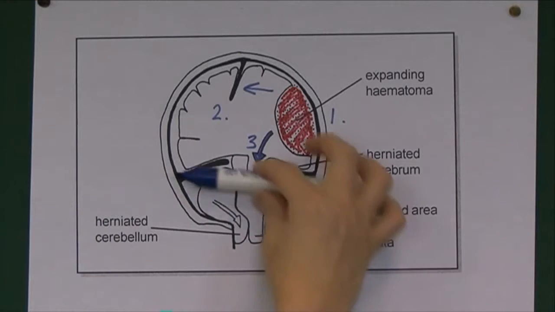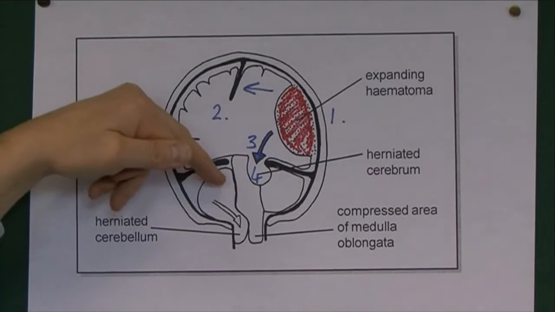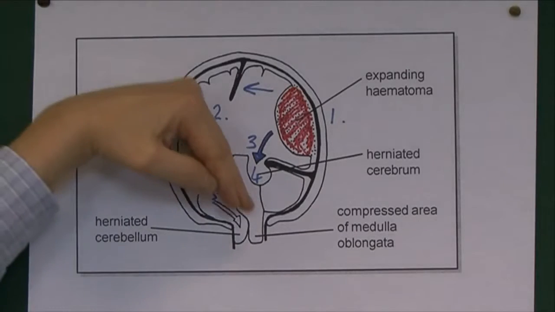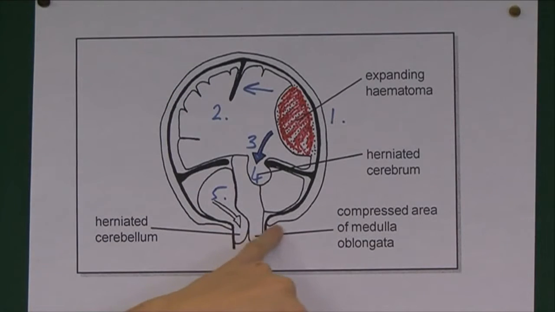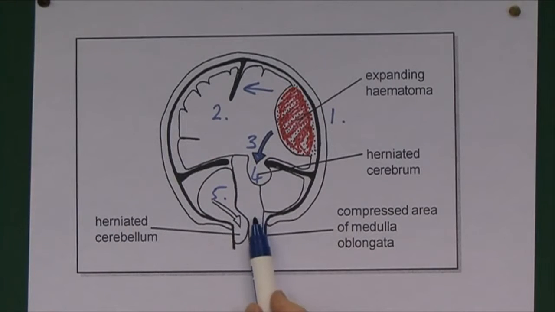This is now going to push on other tissues in the infratentorial space. And what happens is the increased pressure, fifthly, pushes some of the cerebellum down out of the hole at the base of the skull, which is called the foramen magnum. And this means that the brain stem, particularly the medulla oblongata, is now compressed.